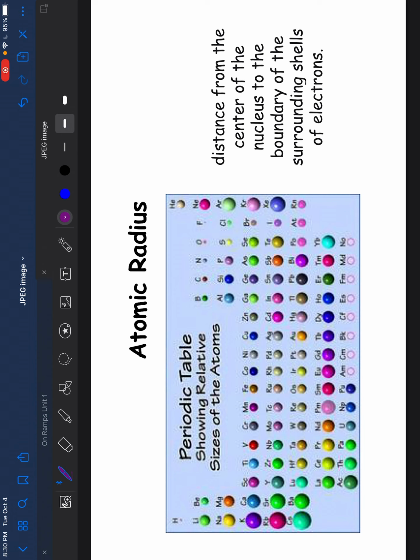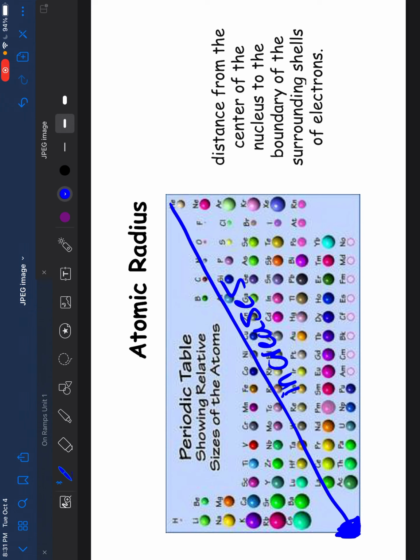Atomic radius is another periodic trend that we're going to talk about this unit. Atomic radius increases going on the bottom and to the left. It increases this way.